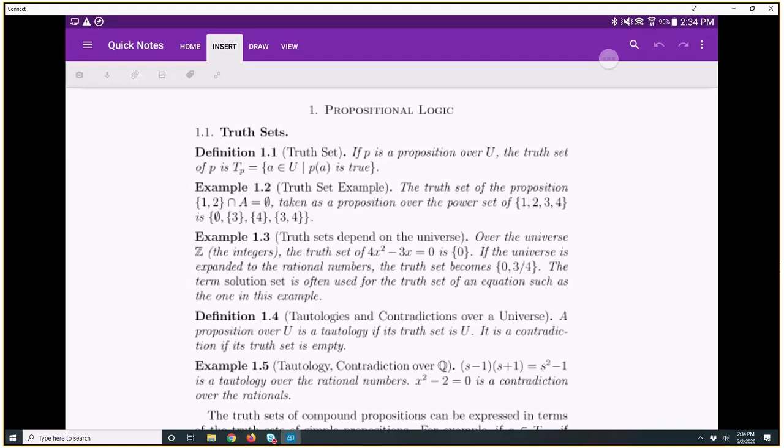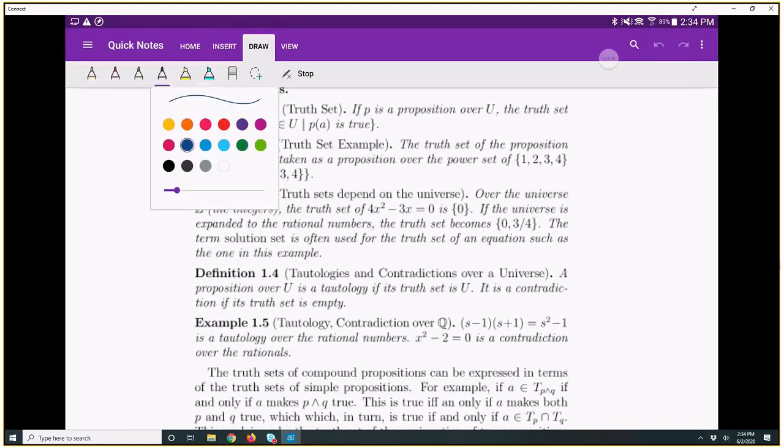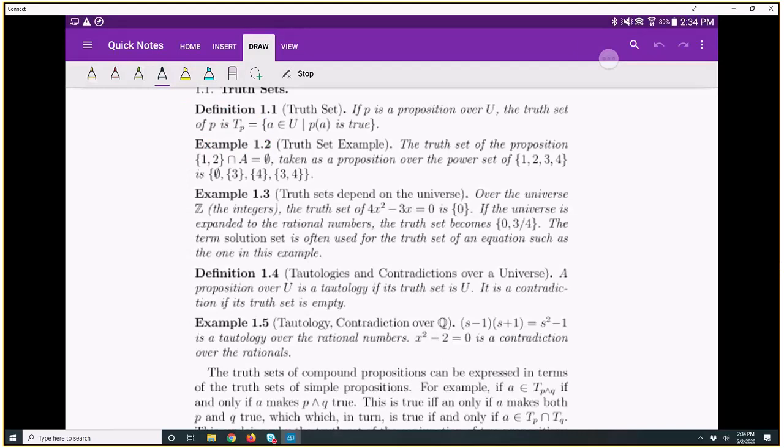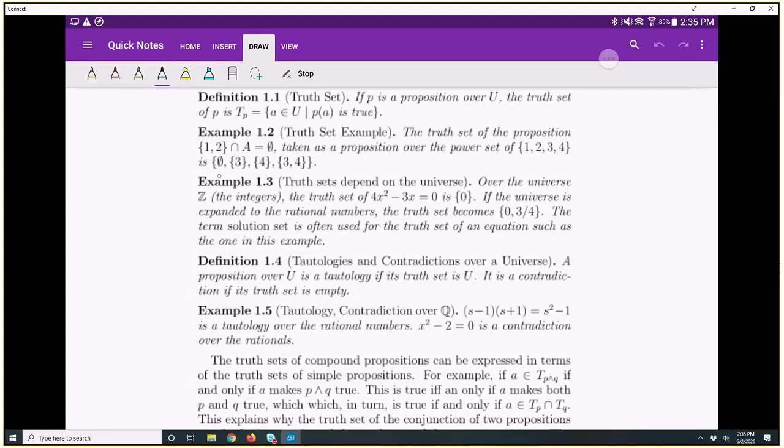So an example would be, if the proposition is the set {1, 2} intersected with A is the empty set, and we take that as a proposition over the power set of {1, 2, 3, 4}, meaning that the possible inputs for the set capital A are members of the power set of {1, 2, 3, 4}, then the truth set is going to be the empty set, because when we intersect the empty set with the set {1, 2}, we get empty.